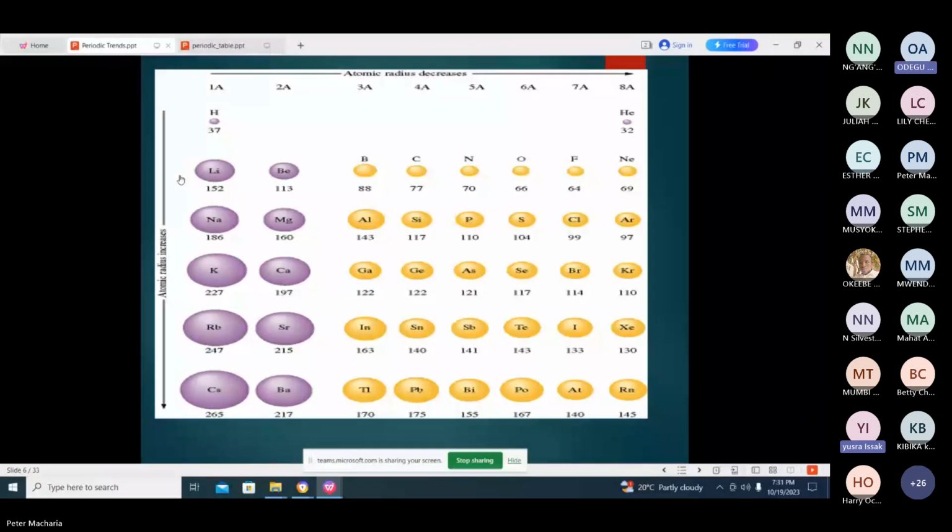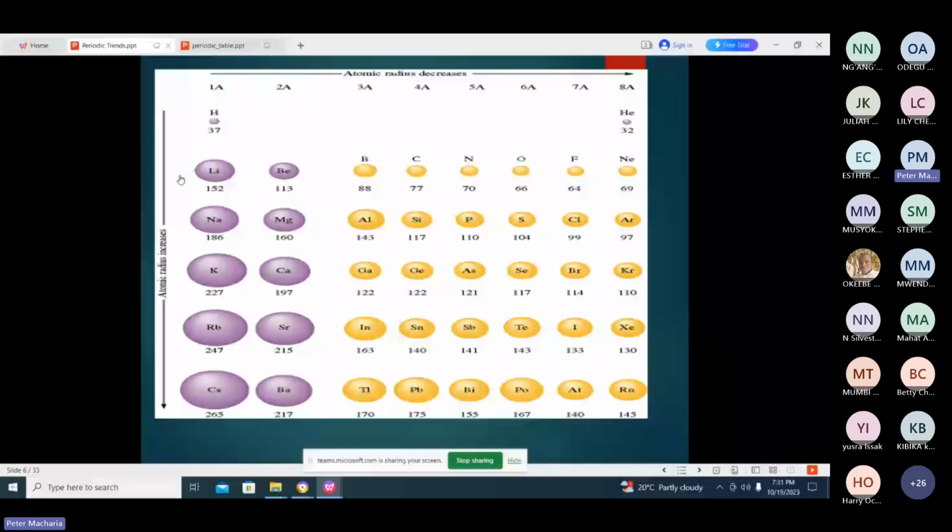So the first part, the atomic radius increasing down the group, is very easy to understand, right? Now, why is the trend of atomic radius such across the period?